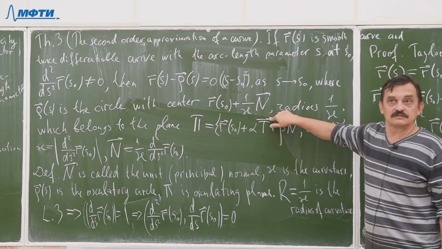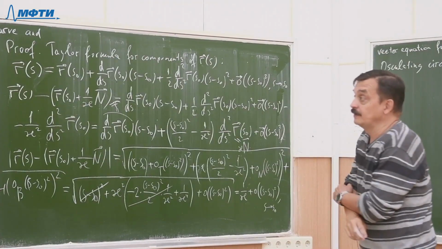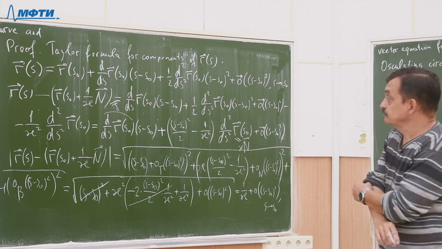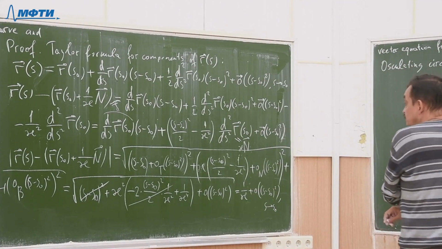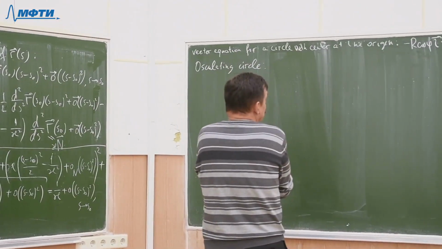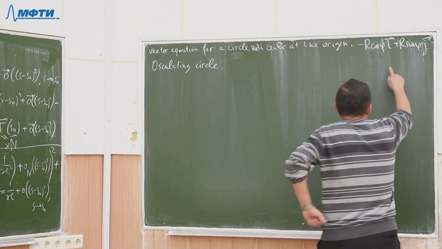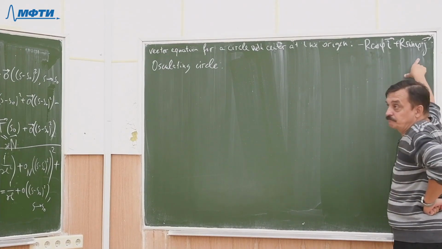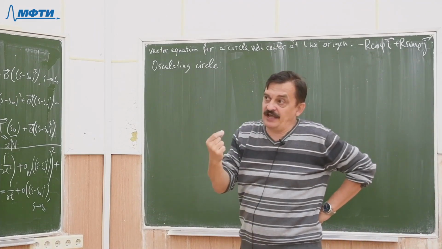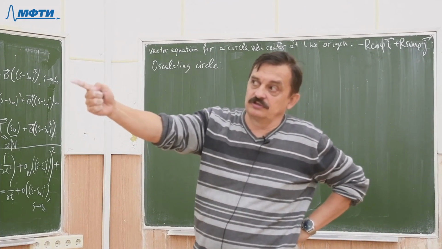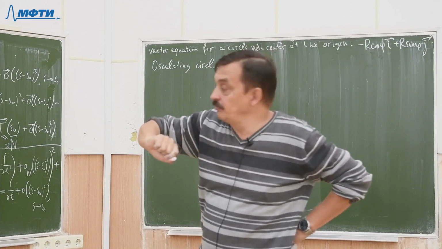So what we should do is choose vectors i and j. Instead of i and j, I should take t and n, unit tangent and unit normal.